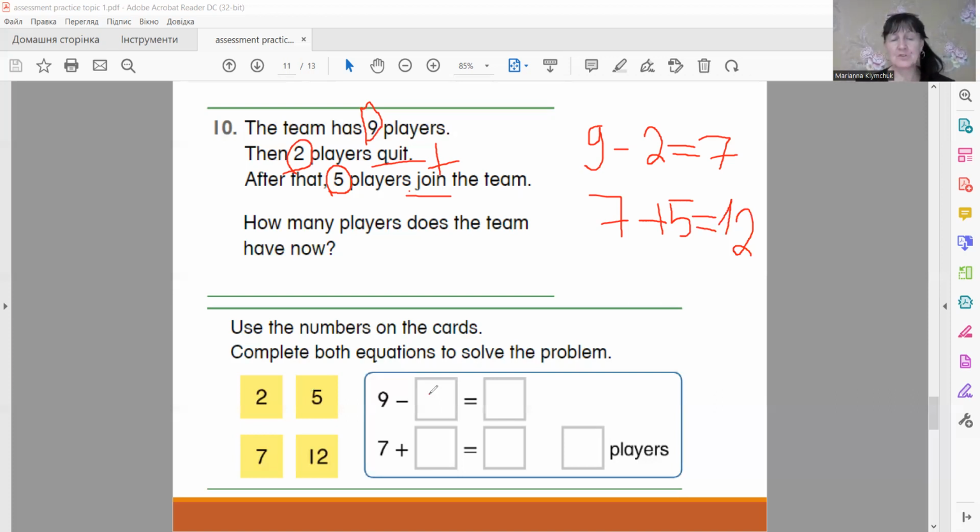Okay, now 9 minus 2 equals 7. So we used 2, we use 7, then 7 plus 5 equals 12. So we have 12 players.